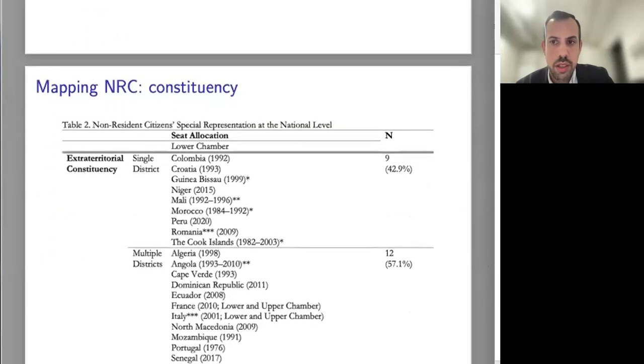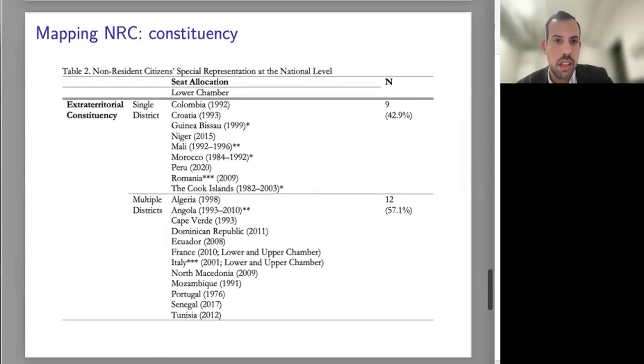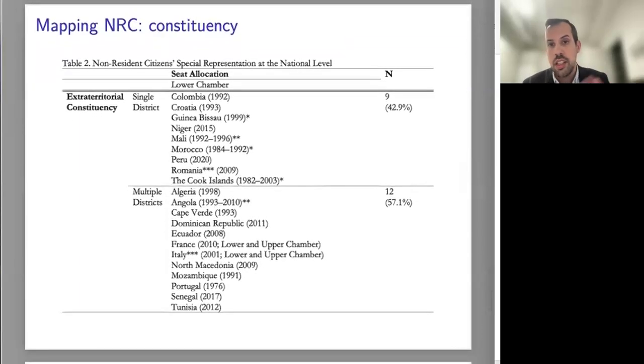Mapping the constituency arrangement, we find that cases of special representation are divided nearly equally between those where all non-resident citizens form a single or global extraterritorial constituency, and those where they are subdivided into two or more geographical regions.